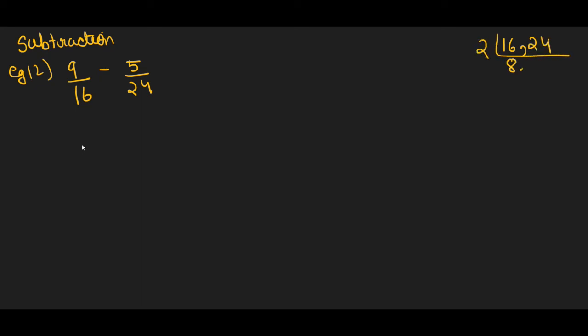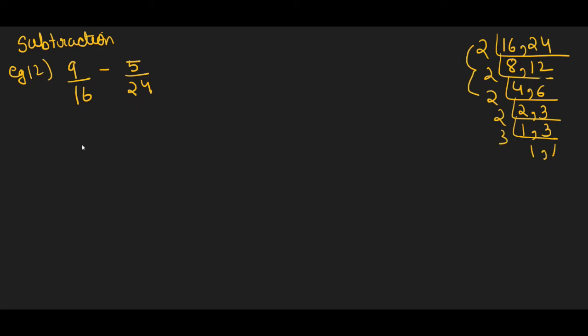2 8s are 16, 12, 4, 3, this will be 6. 2 2s are 4, 2 3s are 6, 2 1s are 2, 3, and again 3. So this will be 2 2s are 4, 4 2s are 8, 8 2s are 16, 16 3s are 48.